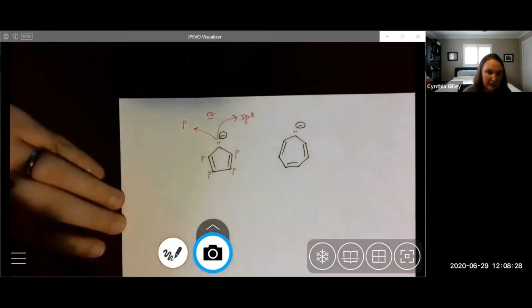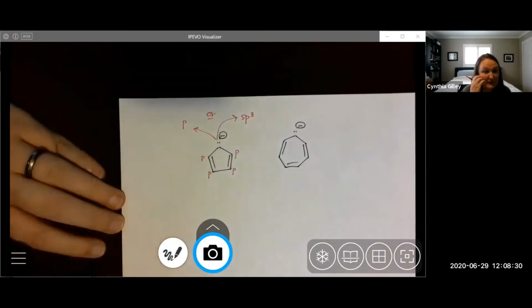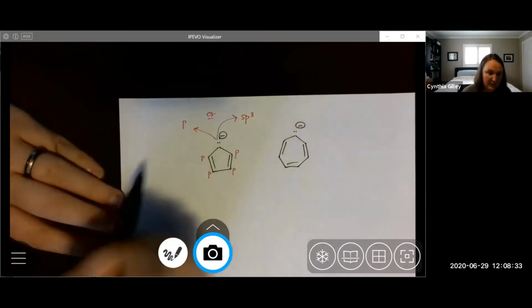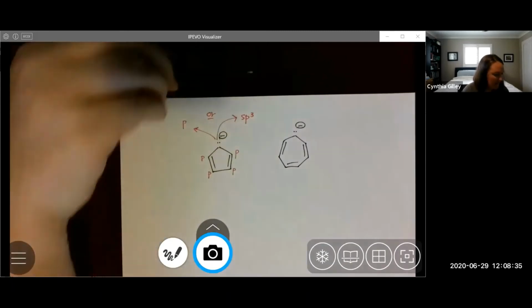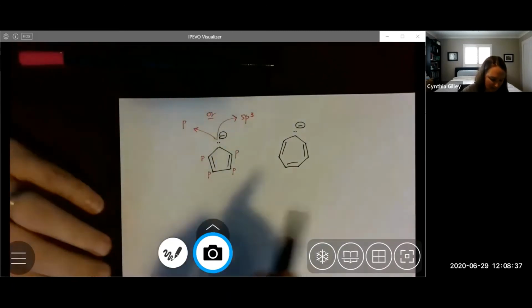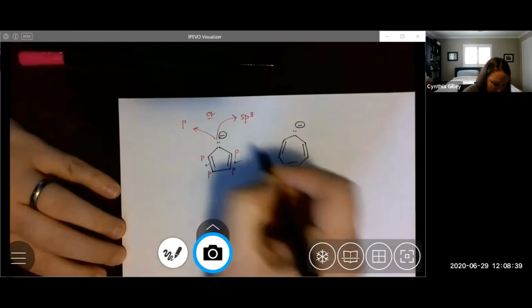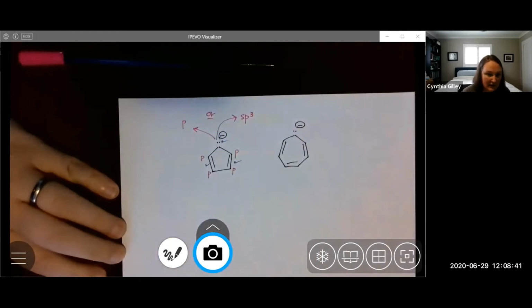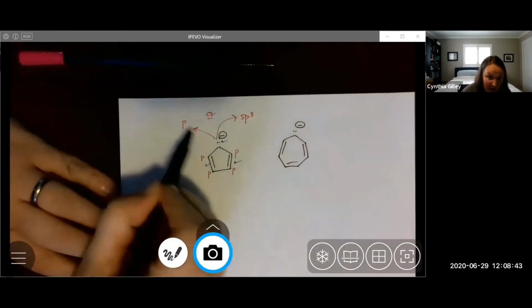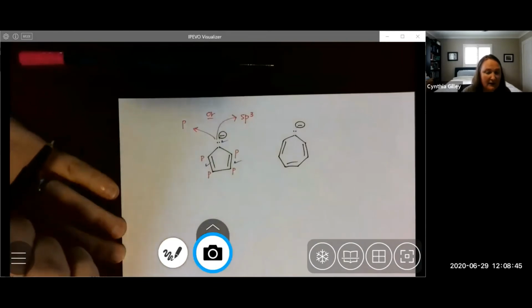There would be no p orbital here. So let's just imagine for a second that it might go into a p orbital. If that's the case, we count up the electrons. So 1 electron pair, 2 electron pairs, 3 electron pairs. Assuming it's in a p orbital, we can count it towards the electrons in the pi system.